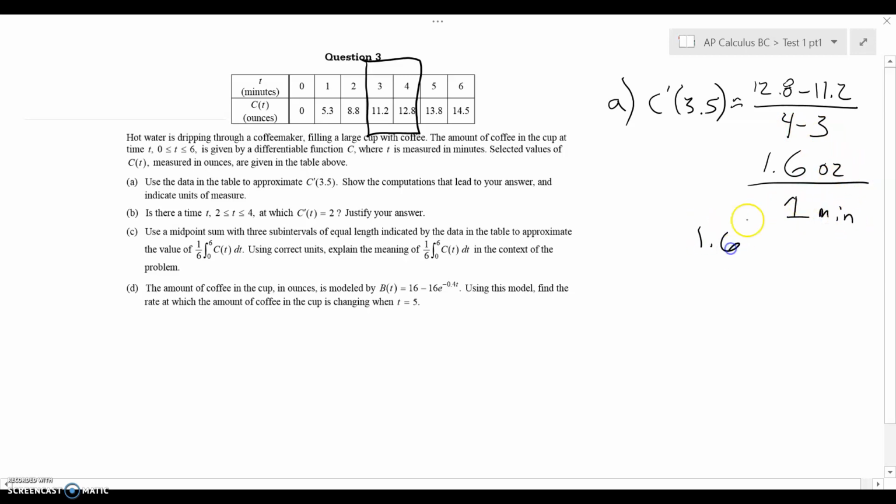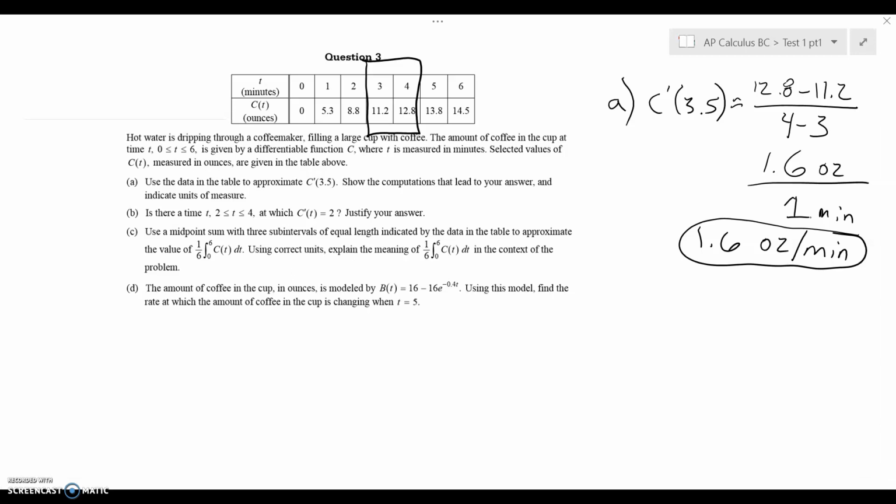Or probably more convenient way to write that is 1.6 ounces per minute. And that's it. So that's an estimate for it. You just pick the numbers closest on either side and show them that you're computing slope. And there's 2 points tagged with this one for the computation up here, and then 1 for the actual answer with units down here.